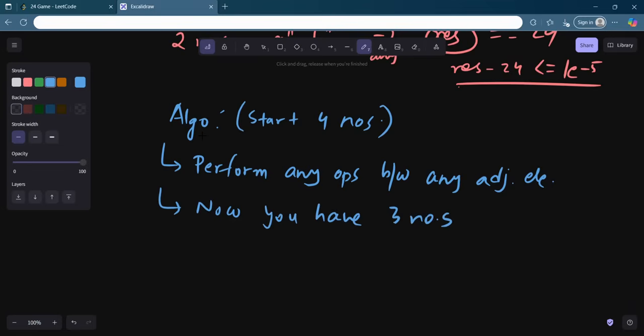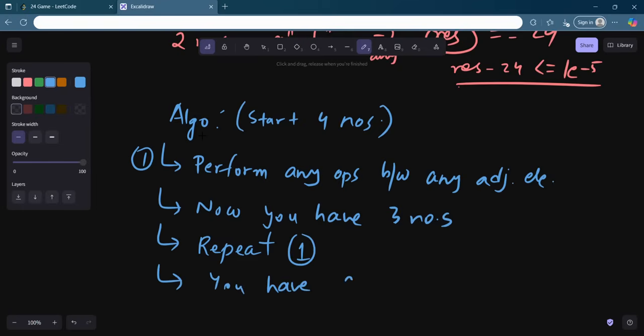If this is step 1, now you just repeat step 1: again you perform any operation between any adjacent elements. Now you have 2 numbers. I hope you understand it.